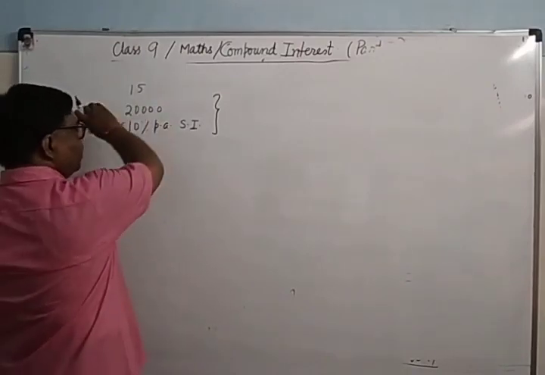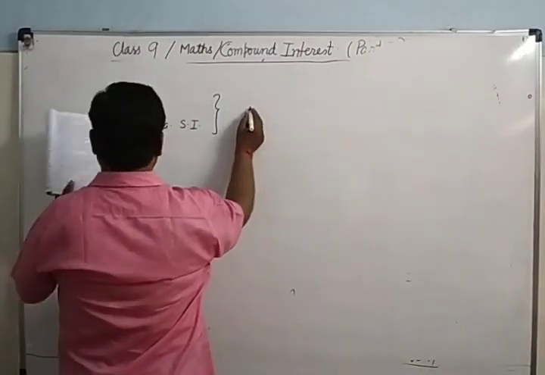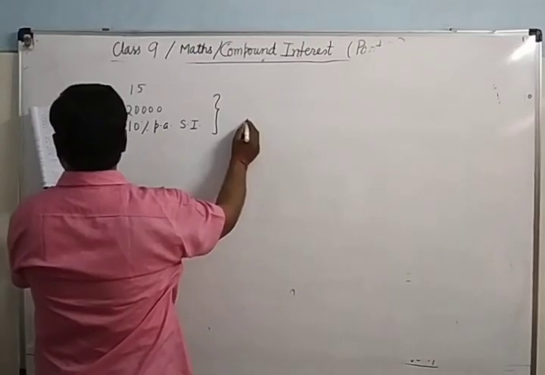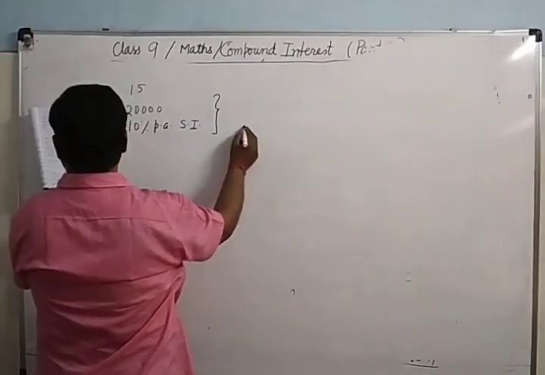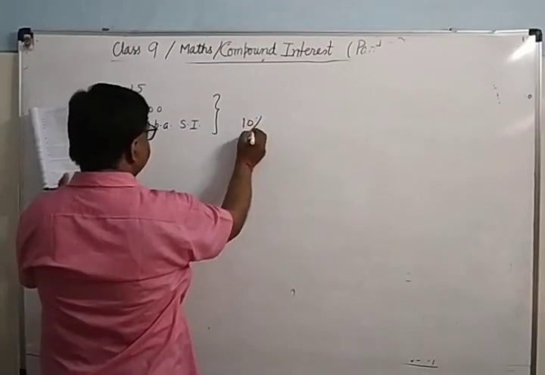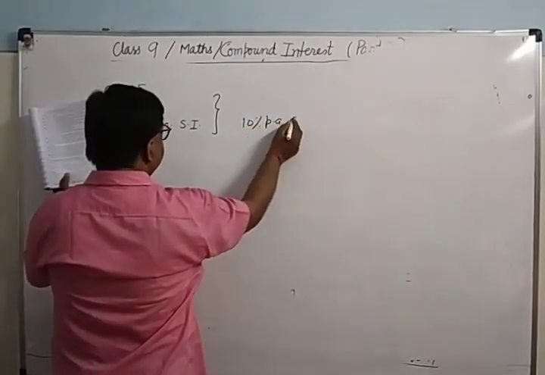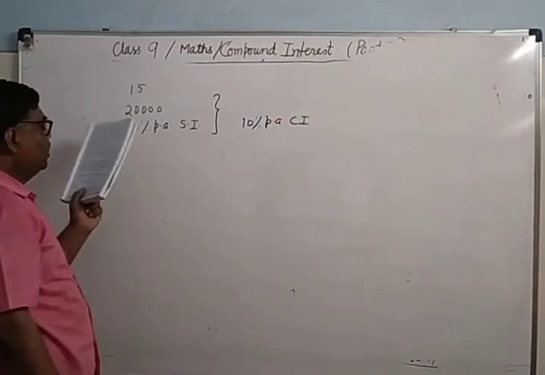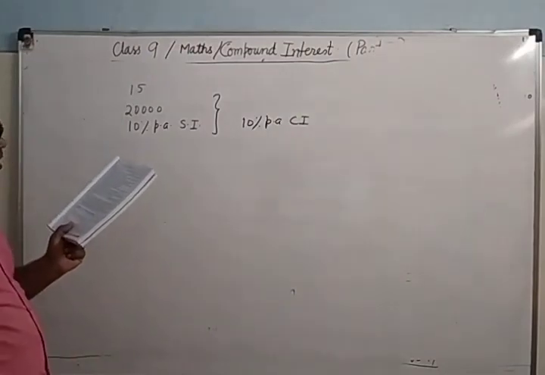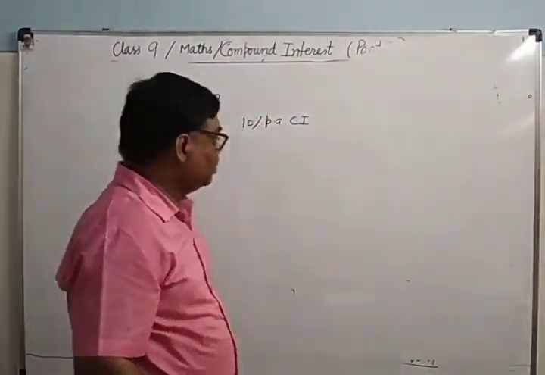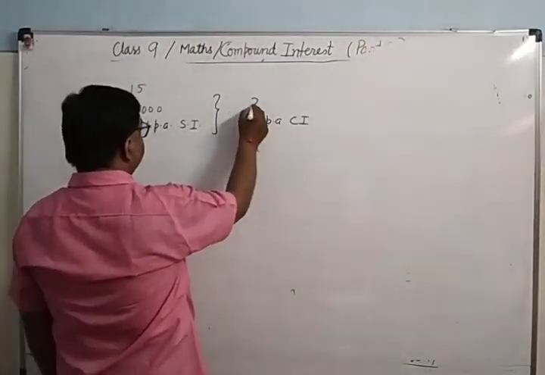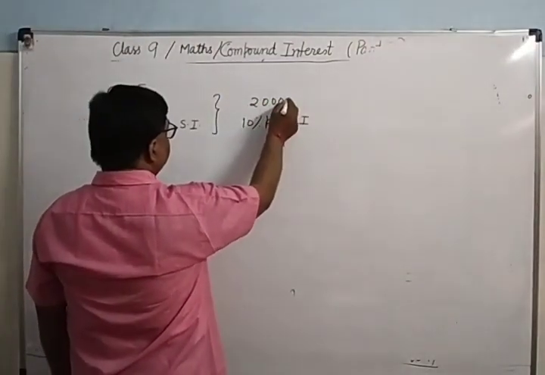Means बैंक से लिया और अपने फ्रेंड को दे दिया. It's clear? At the same rate means the rate is same, but compounded annually. That is 10% per annum CI. It's clear? Find his gain after 2 whole 1/2 years.